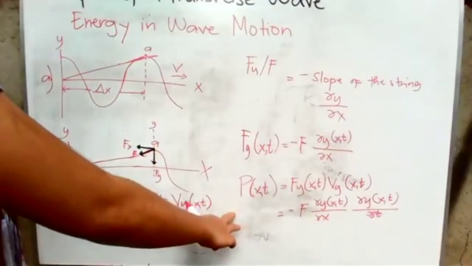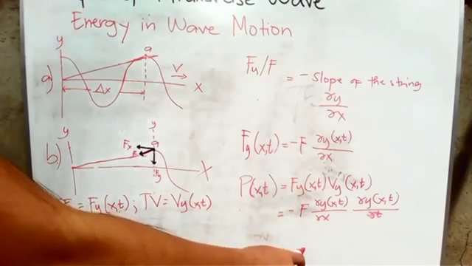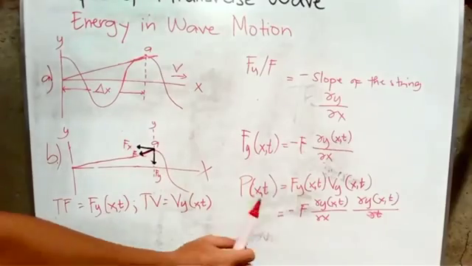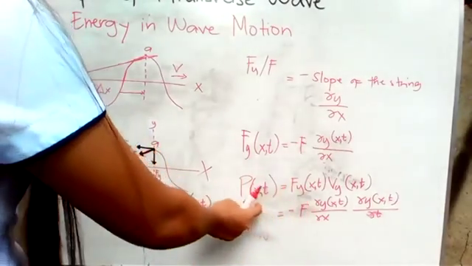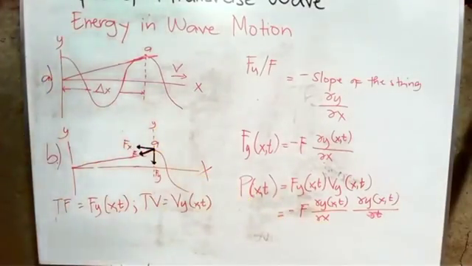This power is the instantaneous rate at which energy is transferred along the string. So its value depends on x and t.